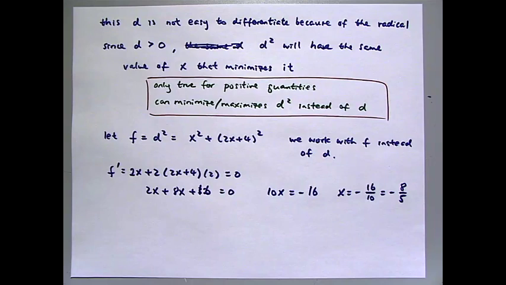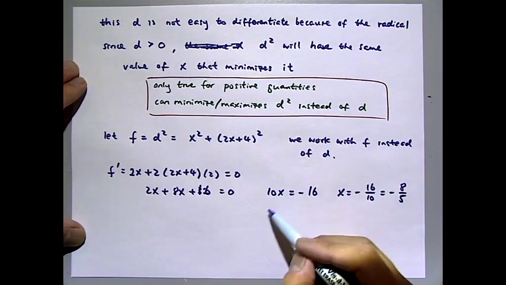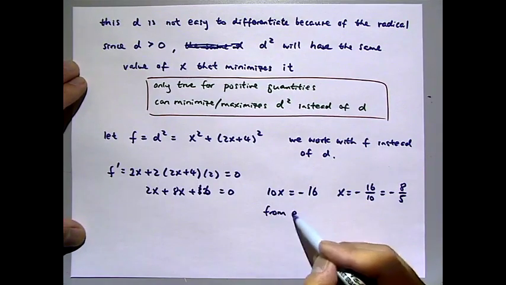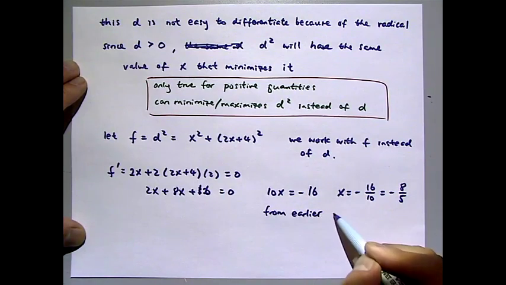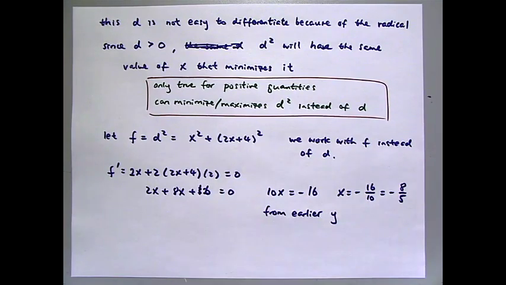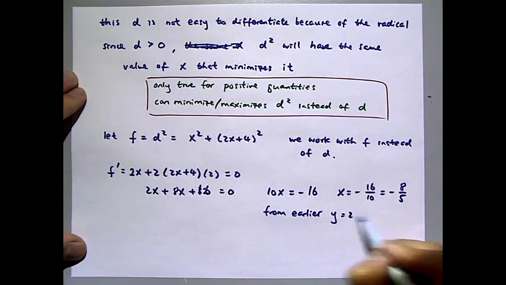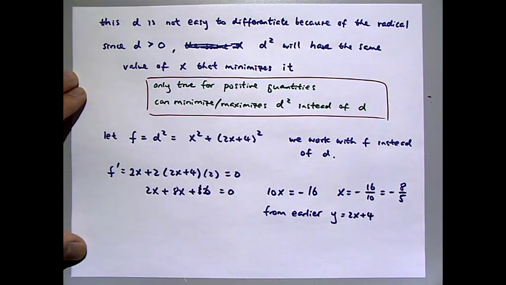Okay, remember earlier we said that we expect x to be a negative number. And we do have a negative number. So this looks like the right number. At least the sign is what it should be. Now we need y. We're given that y equation, y equals 2x plus 4, right?